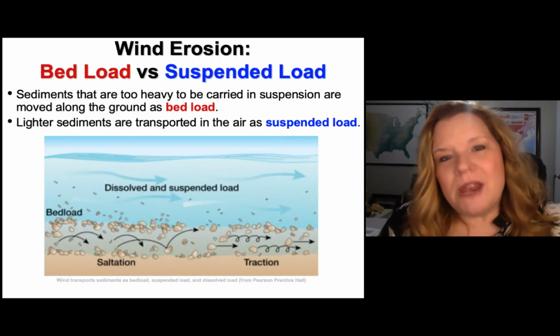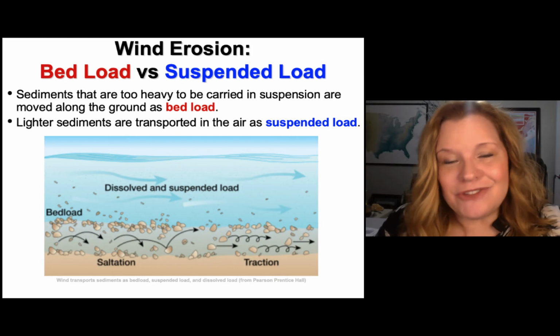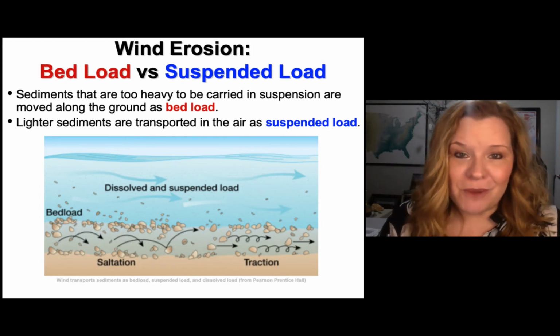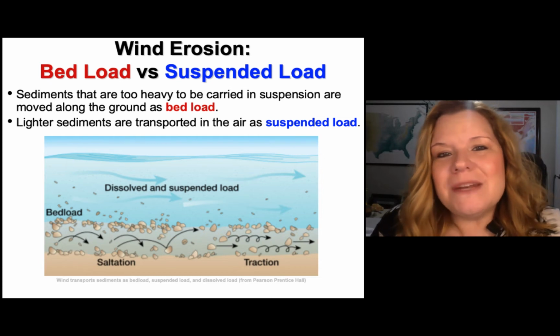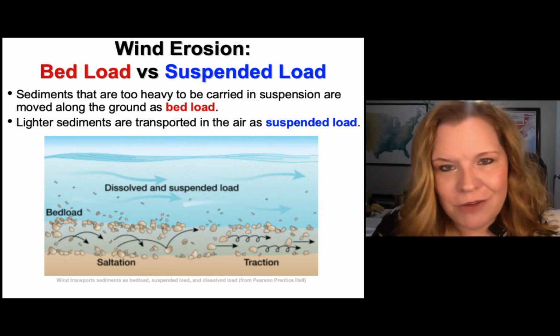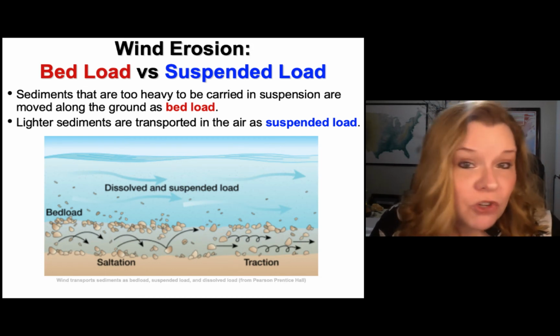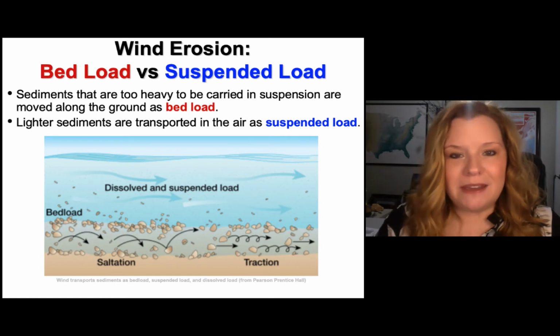So let's talk about how wind does its work in the desert. It does create erosion. It's just not the most powerful force. Flowing water is. It creates weathering and erosion by moving sediments that are able to be picked up by wind, or at least pushed by wind. So let's talk about bed load.